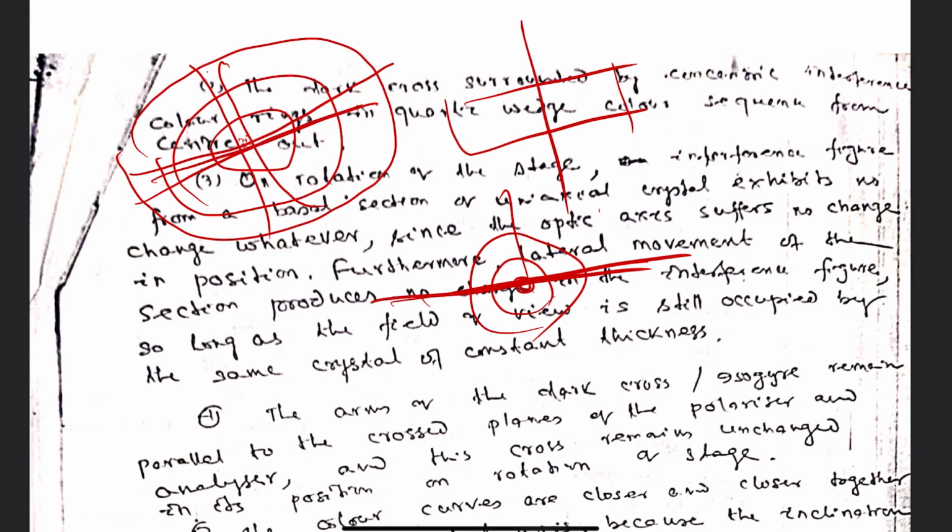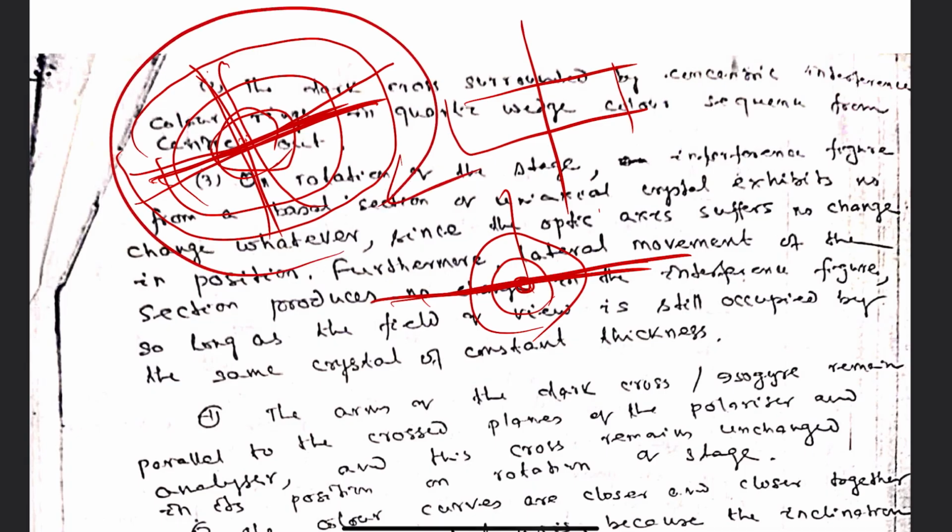So isogyre remains fixed, color rings remain fixed, shape of the color rings does not change, and the number of rings is controlled by the thickness of the mineral section and birefringence value. Higher the birefringence value, higher will be the number of rings, higher the thickness, higher will be the number of rings, and the isogyre and the color rings do not change their shape or position when the stage of the microscope is being rotated through an angle of 360 degrees.